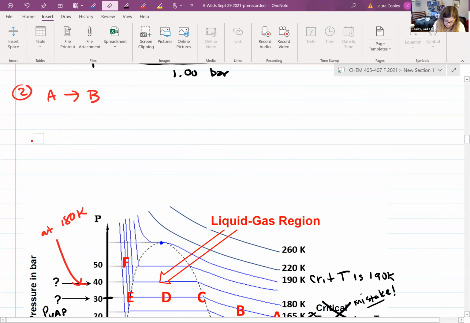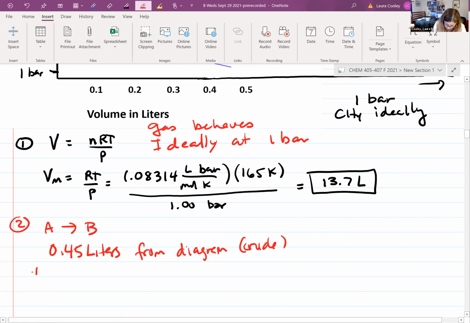At A, the volume is approximately maybe 0.45 liters, from the diagram, very crude. The temperature is 165 Kelvin. And the pressure, this is the actual pressure, of course, that's what's on the diagram, let's say it's 20 bar.